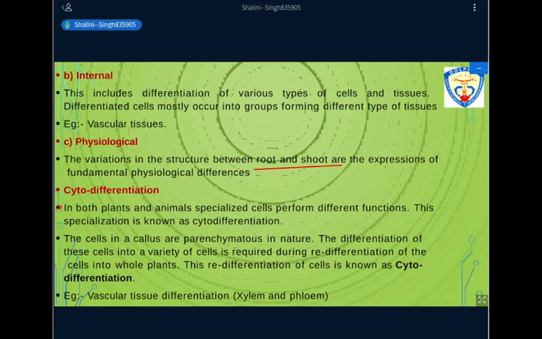Cytodifferentiation, which we were just discussing, means that in both plants and animals, specialized cells perform different functions. As you know, shoots mainly have leaves, and leaves are the site of photosynthesis. Plants are autotrophs, so they need these leaves to perform photosynthesis.